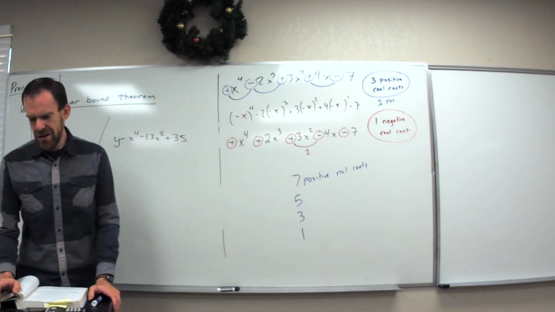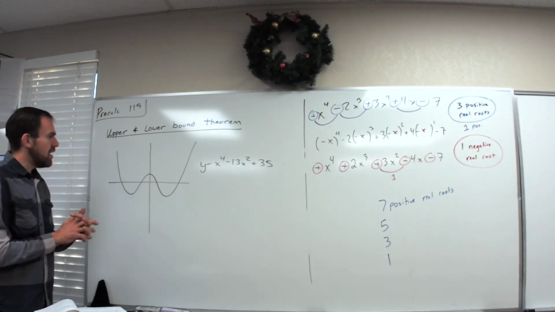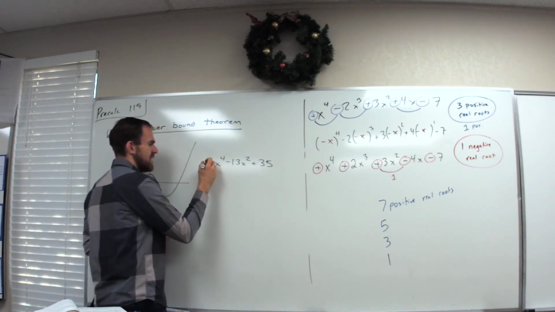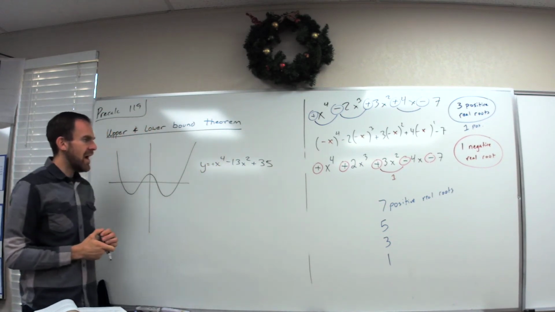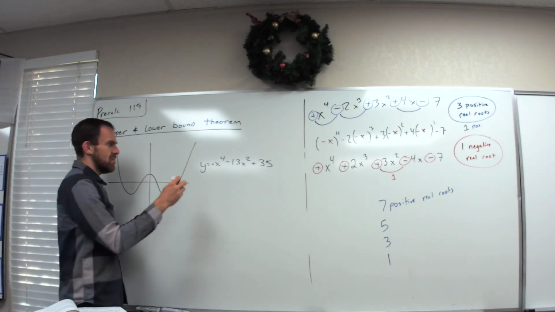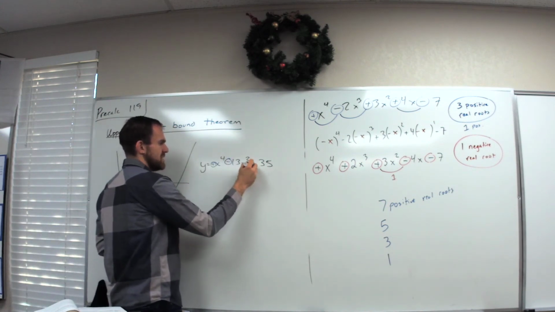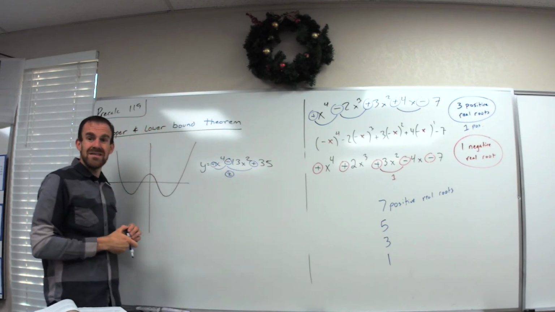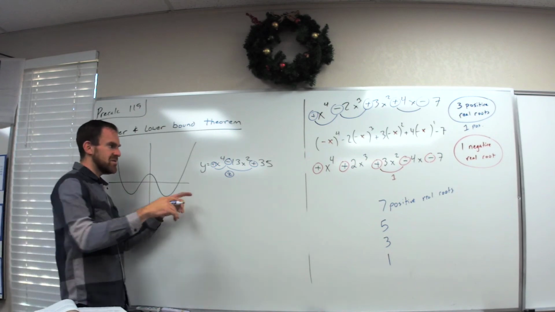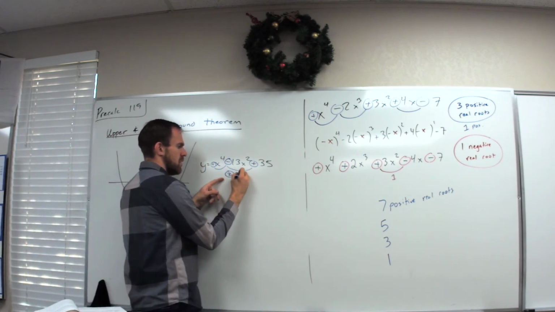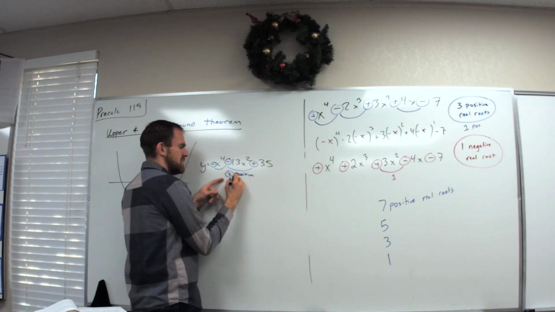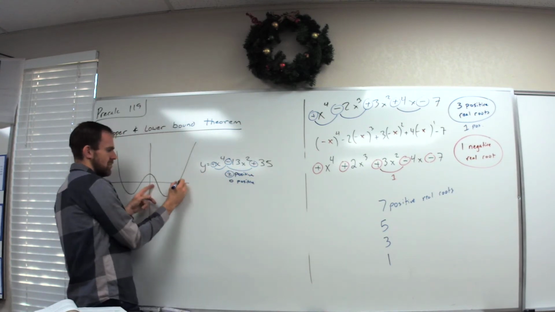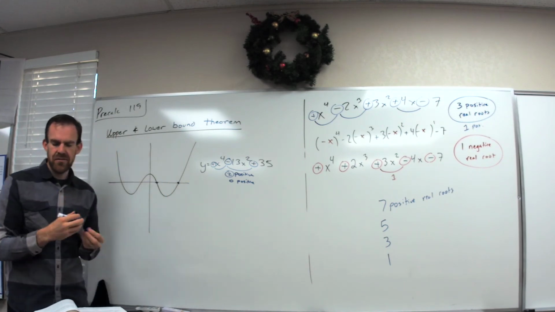So, let's look at this guy here. We see with Descartes' rule of signs, for this x to the fourth, let's look at the signs. We have a plus, a minus, and a plus, so we would get 2 or 0, because you can subtract 2, so there's either 2 positive or 0 positive. I've already graphed it for you, so you can tell that there's 2 positive real roots.